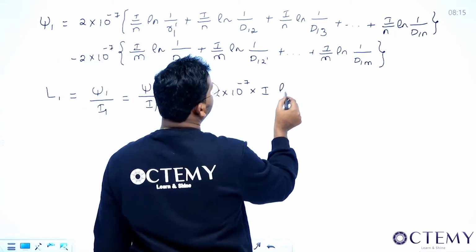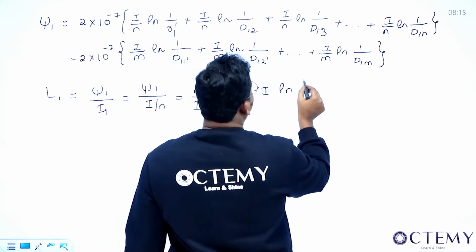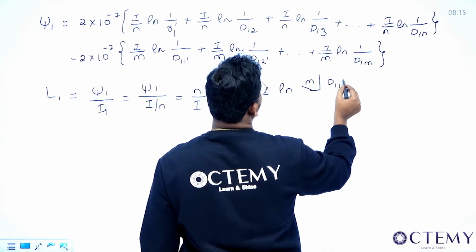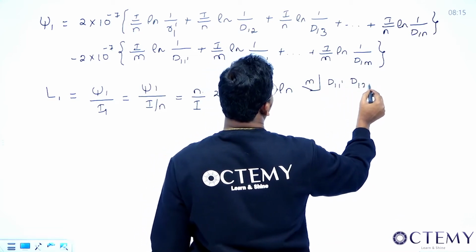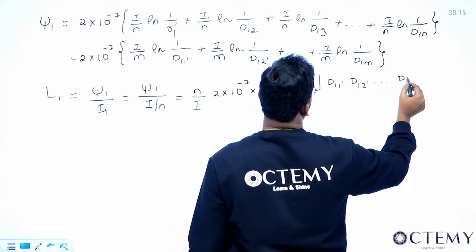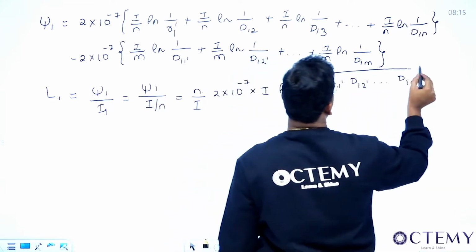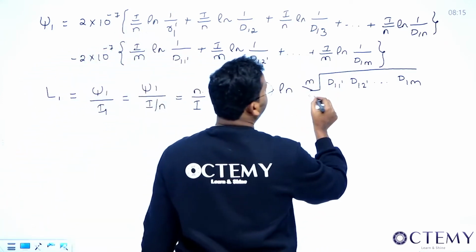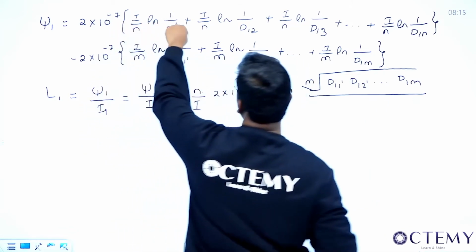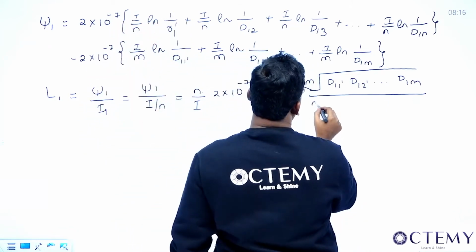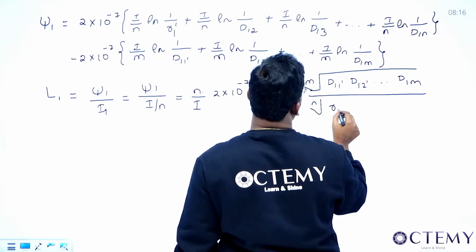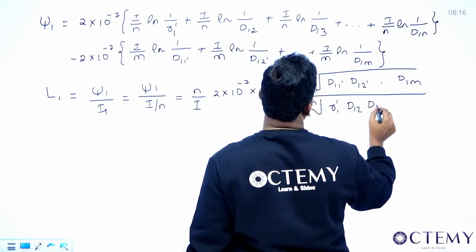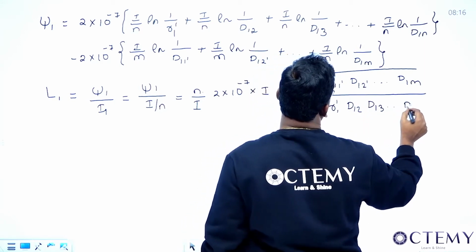So this will become ln of the mth root of d11 dash, d12 dash, and so on up to d1m. Why is this the mth root, sir? Because 1 by m is there. So when 1 by m goes, it will become the mth root. Divided by, similarly this one, it is 1 by n because I is coming out common. So the nth root of this is r1 dash into d12 into d13 and so on up to d1n.